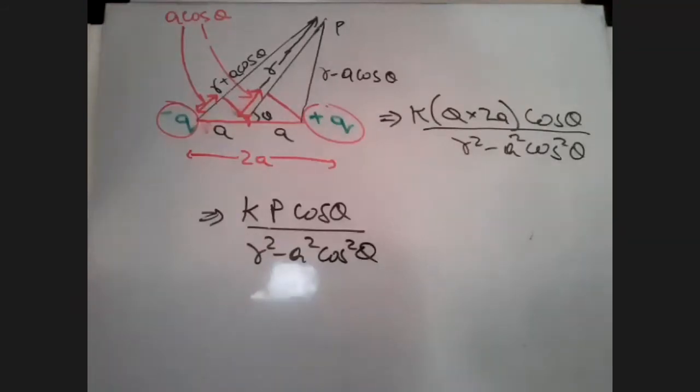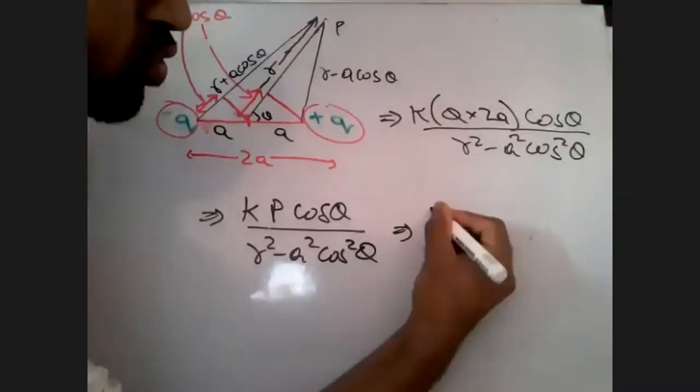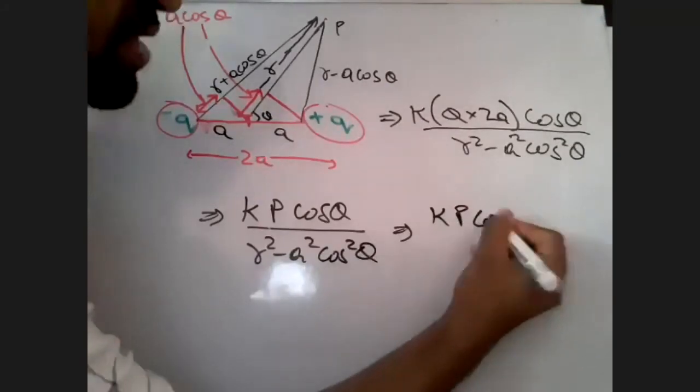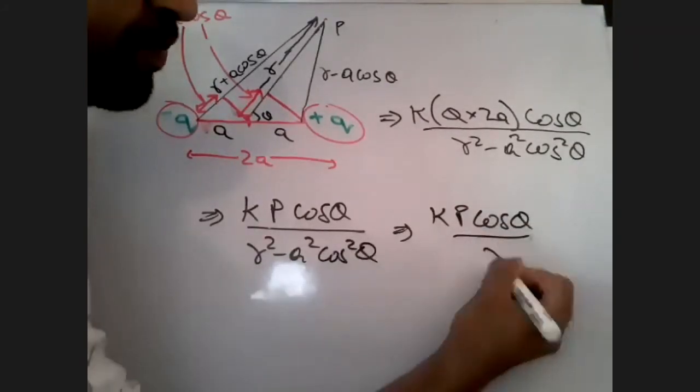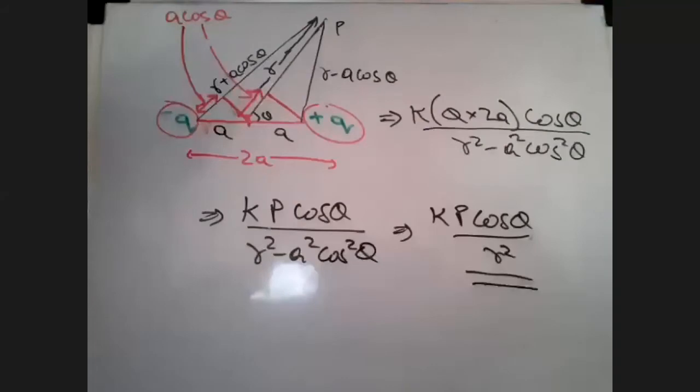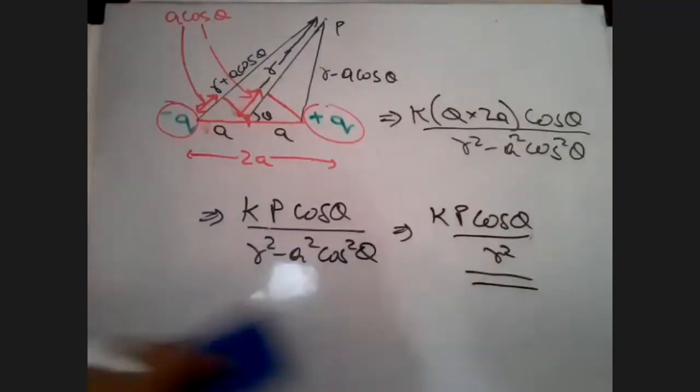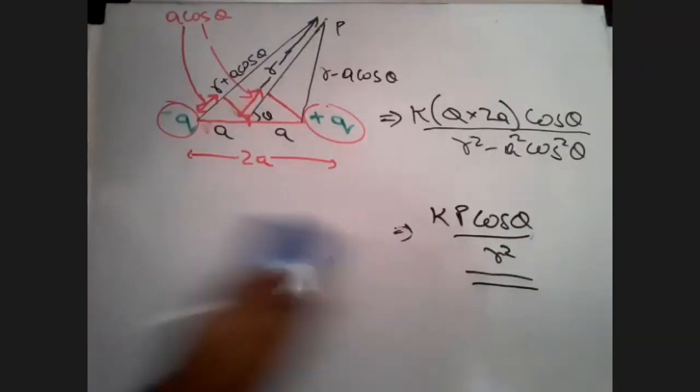What will this turn out to be? It is going to be equal to kp cos theta upon r square. This is the potential at the point P. Is that clear?